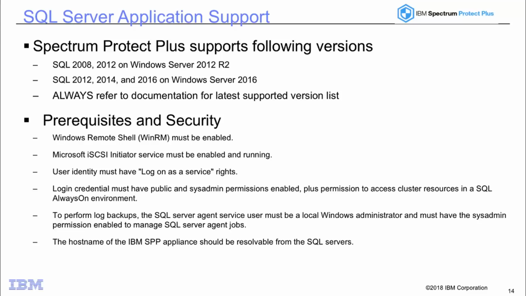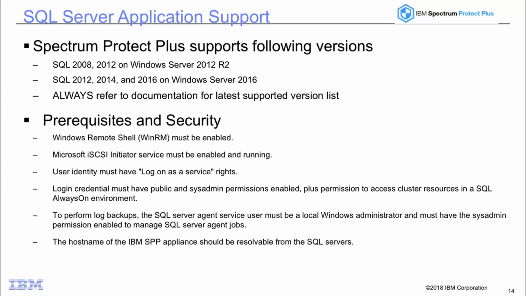Now, there are some prerequisites and security that you'll have to set up. Windows Remote Shell must be enabled. The iSCSI Initiator service must be started. The user that you're logging in must have logon as a service rights on the SQL Server system. Inside SQL Server, the login credential must have public and sysadmin permission enabled and permission to access cluster resources in an always-on environment.